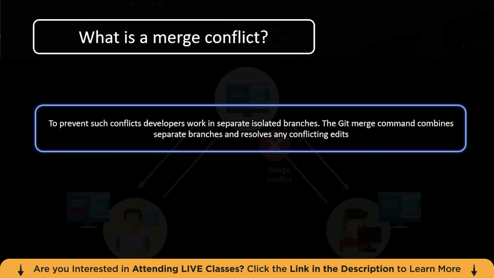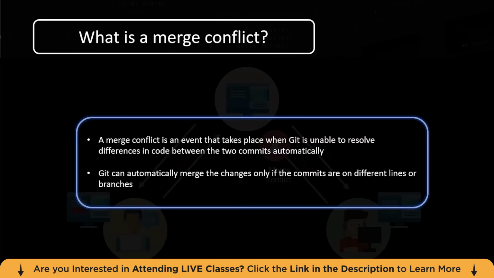Once the developers are done with the modifications to the source code, they can combine those things and resolve all these conflicting modifications. A merge conflict is an event that takes place when Git is unable to automatically resolve the differences in the source code between the two commits.